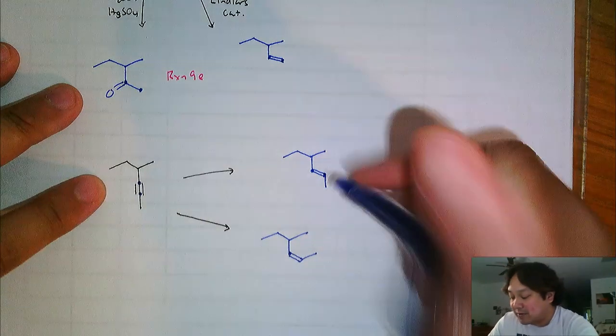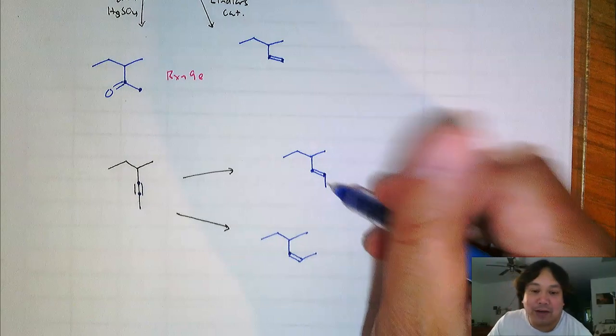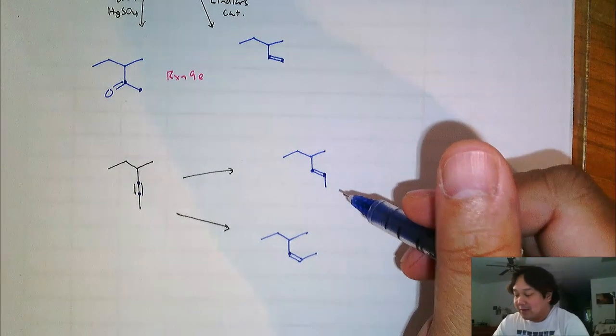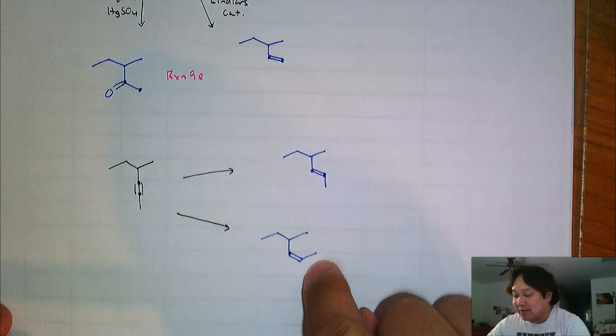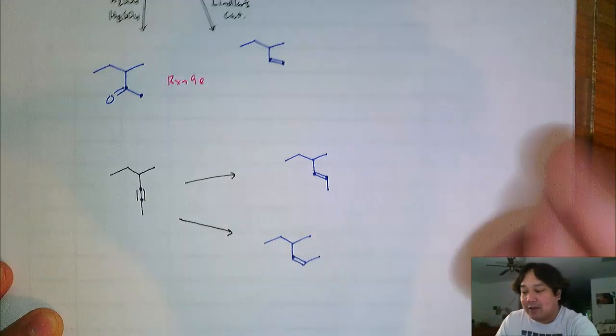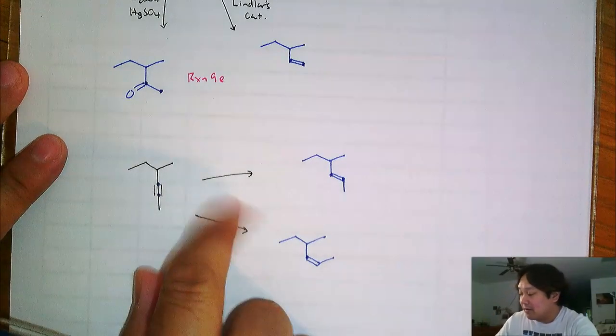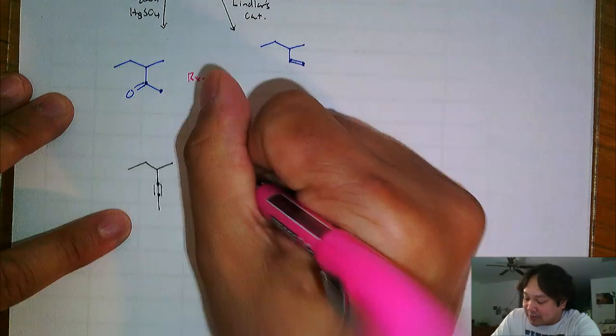Practice your bond angles. You know that double bonds, that carbon geometry is trigonal planar. Okay. Cis, trans. Now it's your responsibility to know your reagents so well that on an exam, without any notes, you could fill in the arrows.